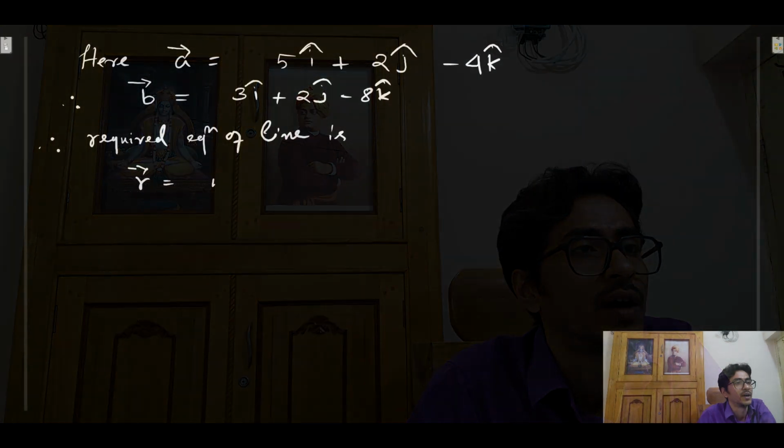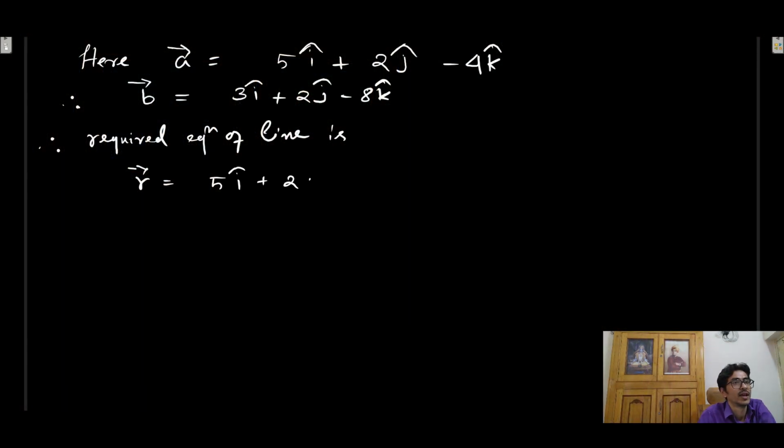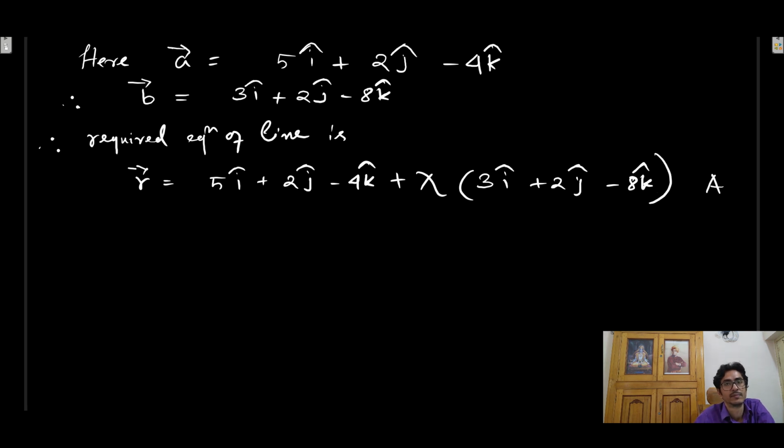B vector means 3i cap plus 2j cap minus 8k cap. So this is the vector equation, the required equation of the line in vector form. So what is the Cartesian form?